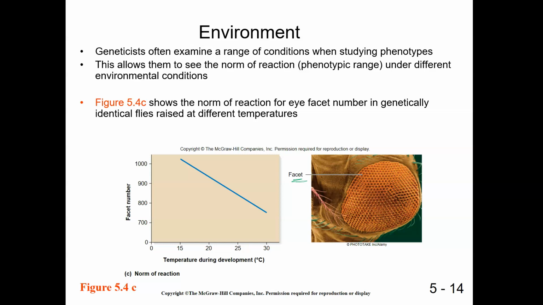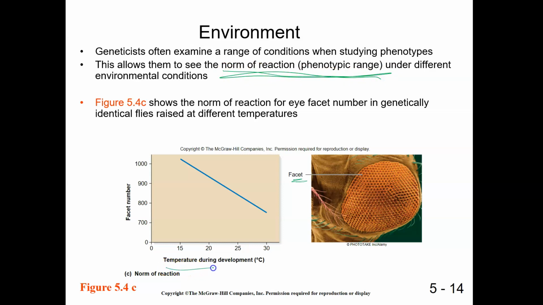It's also the taste receptors on their feet, different story. But basically, after Morgan's initial research on the X chromosome, a lot of his students noticed that there were phenotypes in the number of facets or ommatidia on fly eyes. And so it's normal to see a phenotypic or number range under different environmental conditions.